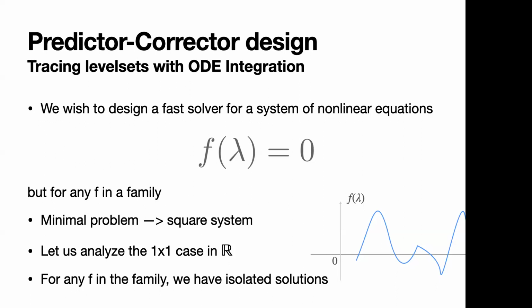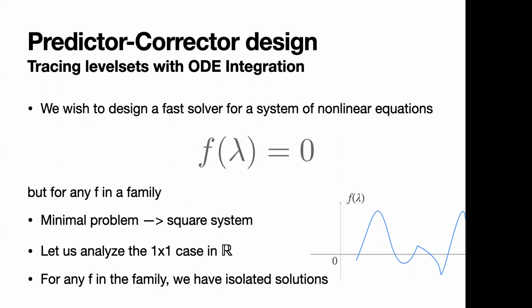Okay, sorry about that. So let's have an intuition about what's going on. Let's think about nonlinear equations, not polynomials for now. Nonlinear equations are useful for everything, right? What we wish to do is design a fast solver for a system of nonlinear equations. This f of lambda is the same notation that Tim was using.